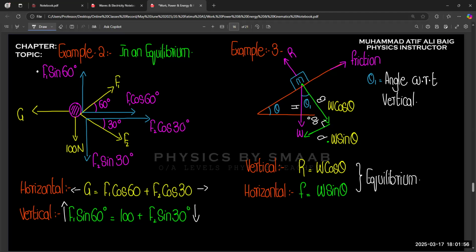So components are very important, because if you are not able to mark components by yourself, it will be very difficult to solve resultant forces, because right now all possible force values are given in the question, so we need to know about all of them.